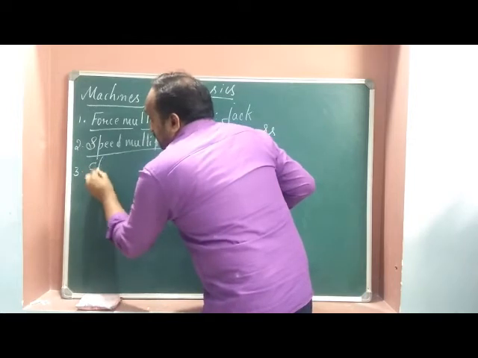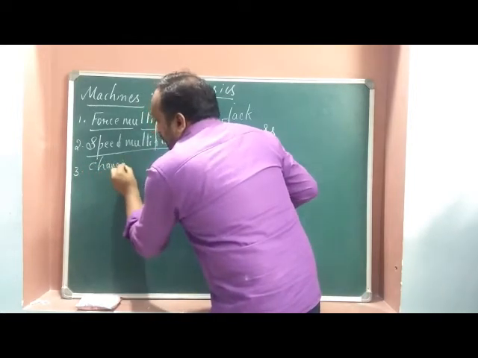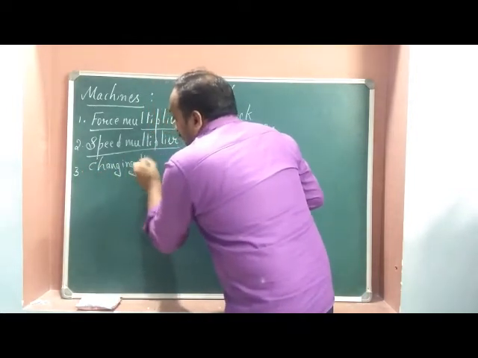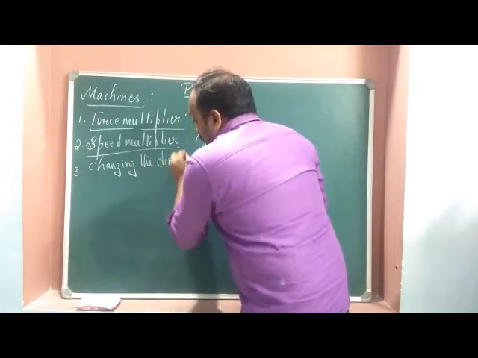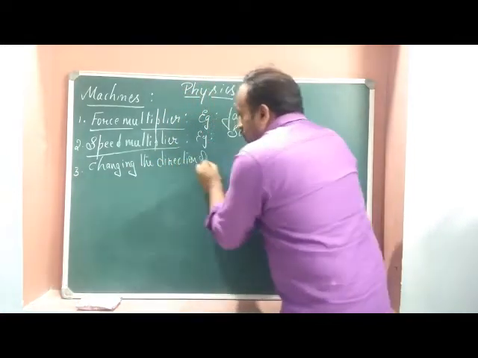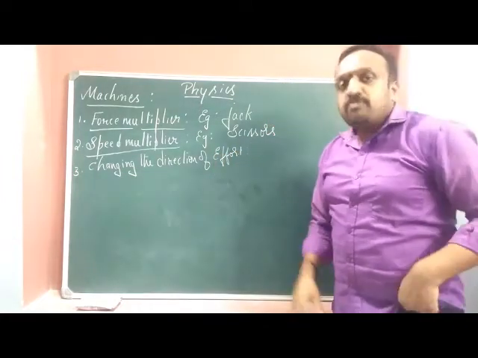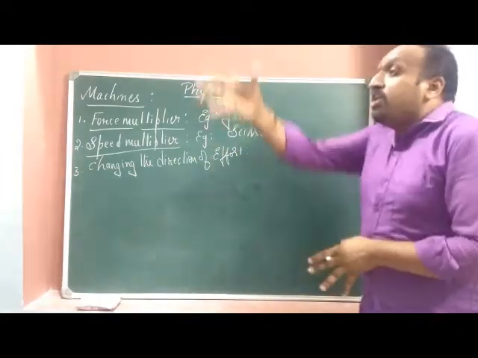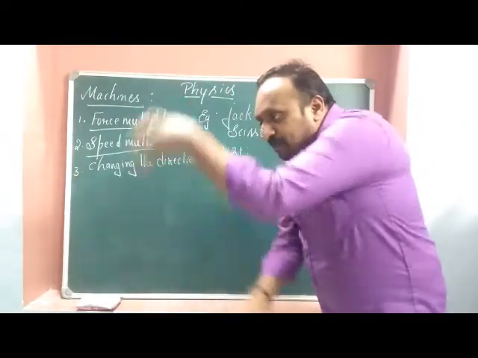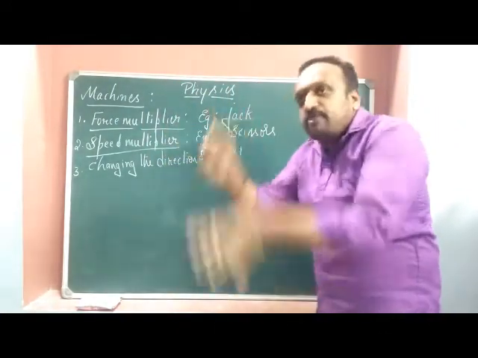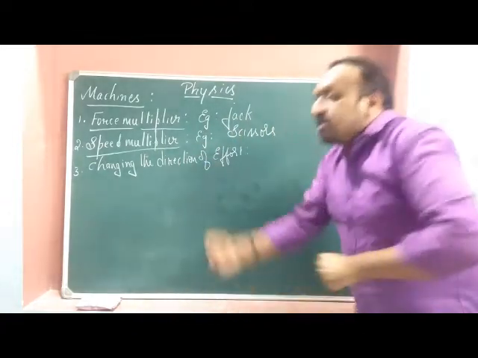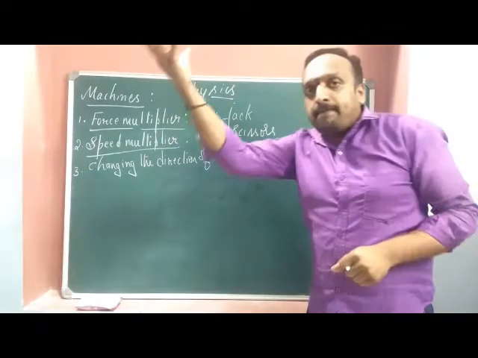The third one is changing the direction of effort. We are going to use the pulley. See here, with the rope, we pull the rope down and the bucket will come up.